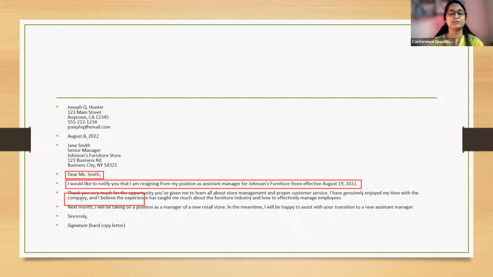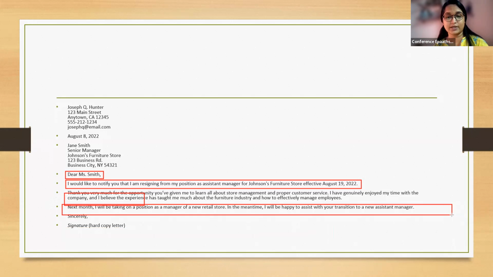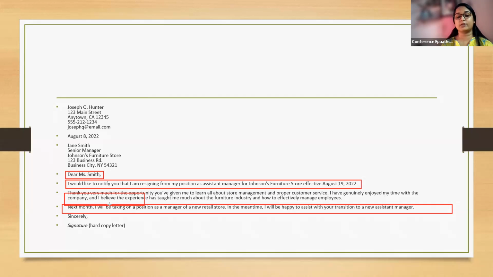So in this paragraph, he has given a thank you note on how he has learned all the things. Next month, I will be taking on a position as manager of a new retail store. I'll be happy to assist with the transition to the new assistant manager. Where he is going next month, he has also mentioned that.